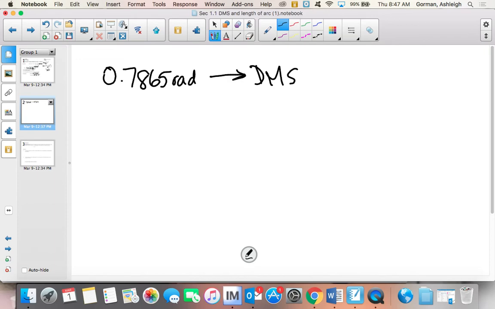Well, the first thing says degrees. I'm going to have to convert my radians into degrees. What is the conversion to move from radians into degrees? I can change this to degrees first, so I can use my calculator. I can multiply by 180 over pi.